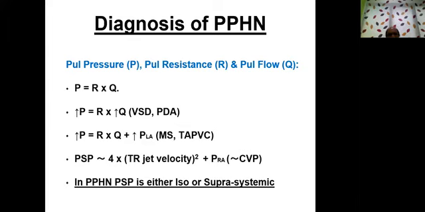If there is increased pulmonary pressure and at the same time increased pressure from venous obstruction, think of conditions like PAPVC or mitral stenosis. These are two things you have to think of as a concept.